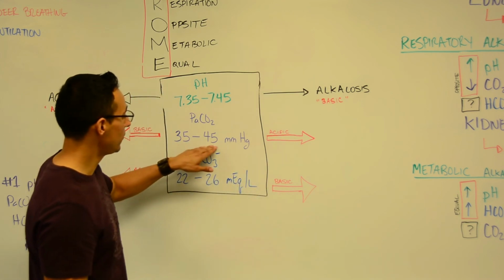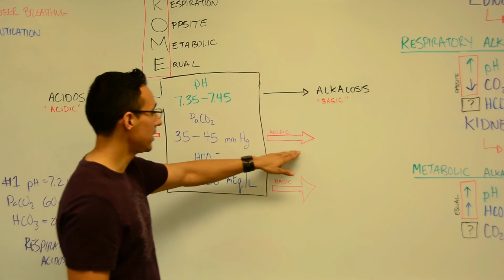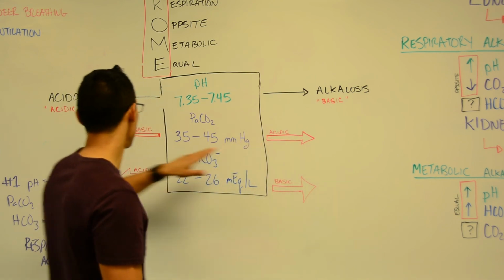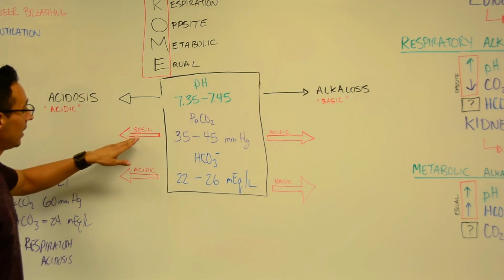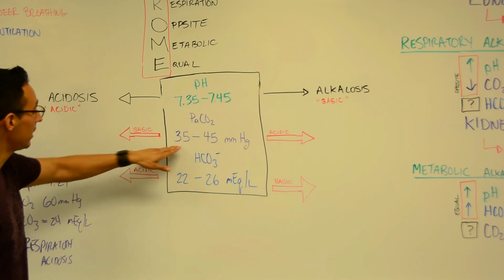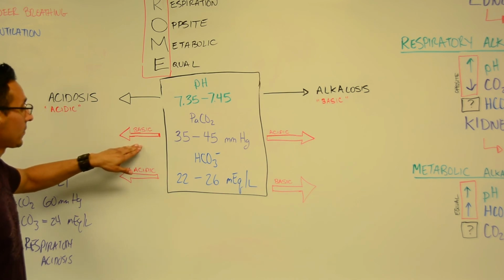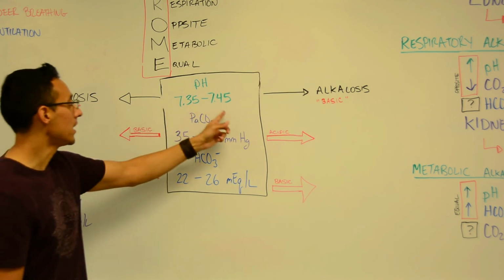So if you see 35 to 45, if you see something higher than 45, let's say 50, it's trying to become more acidic. Versus if it's less than 35, let's say 20, it's trying to make it more basic.